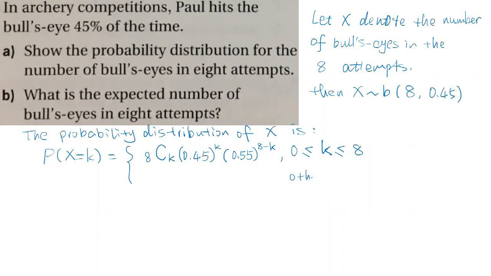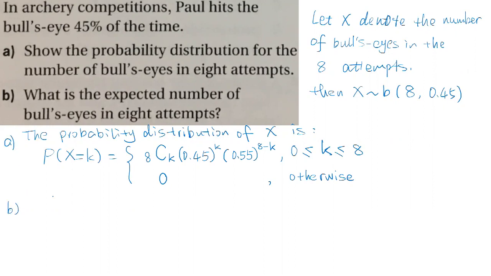For other values of k, this probability is 0, because X cannot take a value outside this interval. So this is the probability distribution of X.